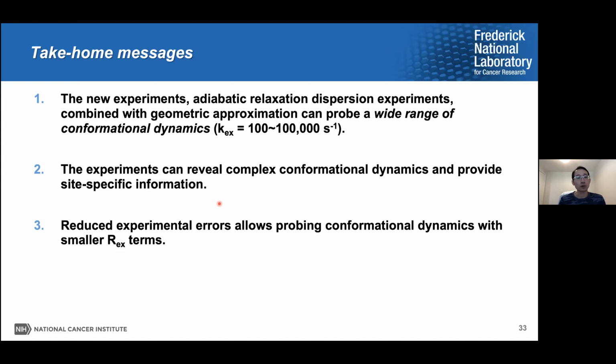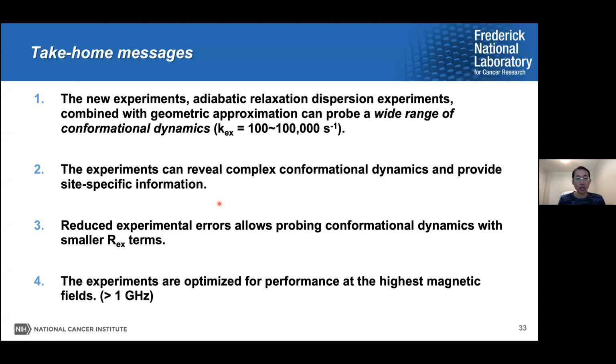But the problem is when your Rex term gets smaller compared to your intrinsic R2 rate, and you have a large systematic experimental error or measurement error, whatever error you call it, that will be a problem. Our experiments are designed to perform best at the highest magnetic field, and the bandwidth can cover 1.2 or 1.6 gigahertz in the future, if you have that.